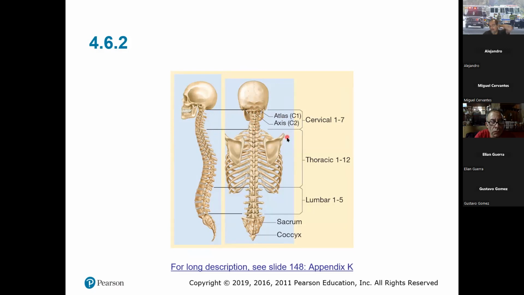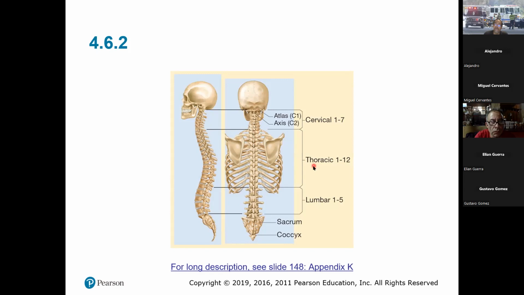If you put your hand on the back of your neck, almost in between your shoulders, you're going to feel a little bony protrusion. That just tells you that's the separation between the cervical and the thoracic.